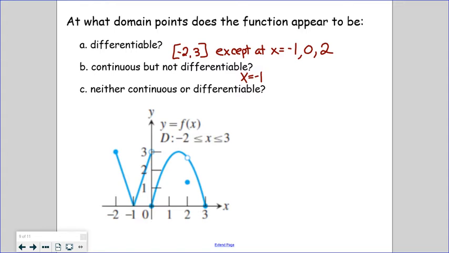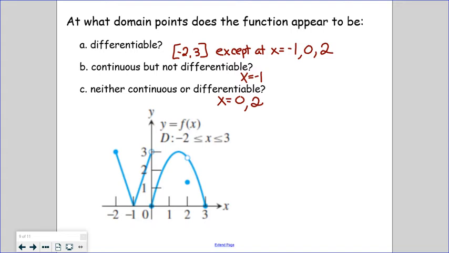Any of our infinite, removable, and jump spots in our picture are going to be in that third option, where it is neither continuous nor differentiable. So at 0, where it was a jump discontinuity, and at 2, where it was a removable discontinuity, it would fall into that last category that is neither continuous nor differentiable.